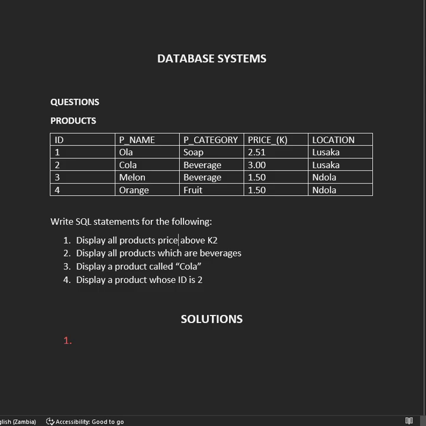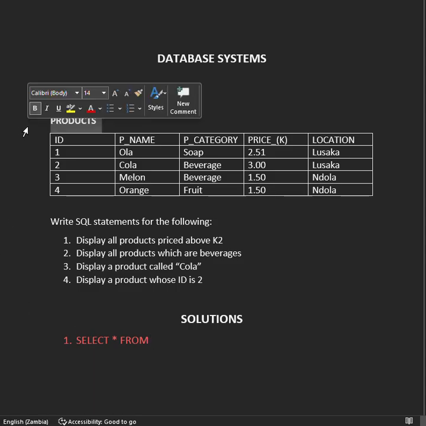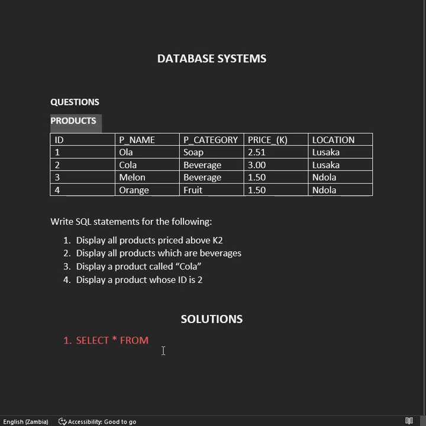To write the SQL statement for that, you say select all, and all is represented by a star symbol, then from, and then you specify the name of the table, which is products. So you say select all from products.